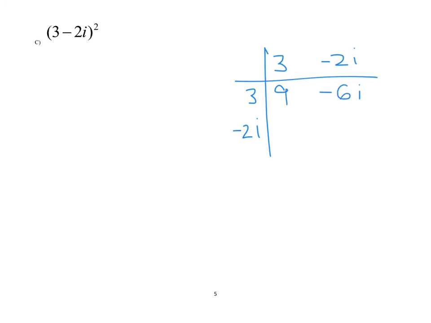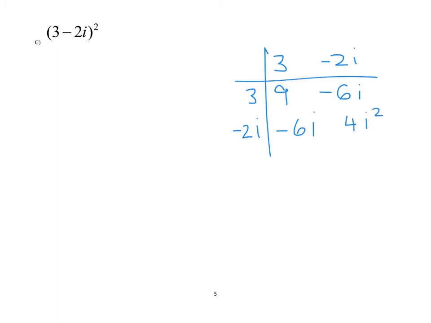Okay, we move on. So this one we are supposed to square. So I'm going to write (3 minus 2i), and then we do the same thing here, (3 minus 2i). This becomes 9, this becomes minus 6i, and this becomes minus 6i. This is not minus 6, but minus 6i, and this is positive 4i squared.